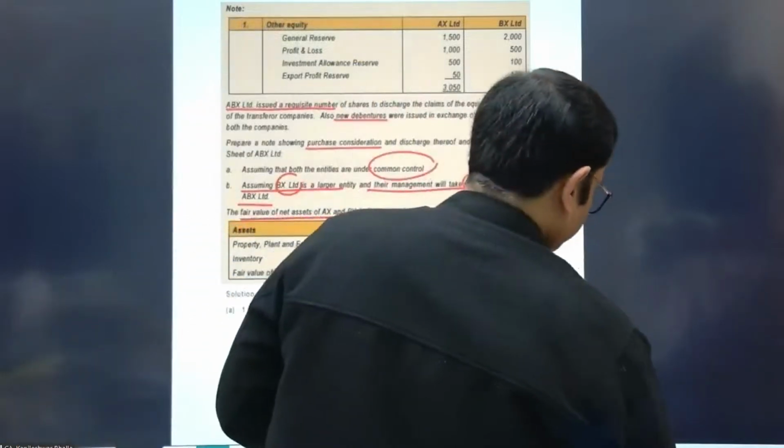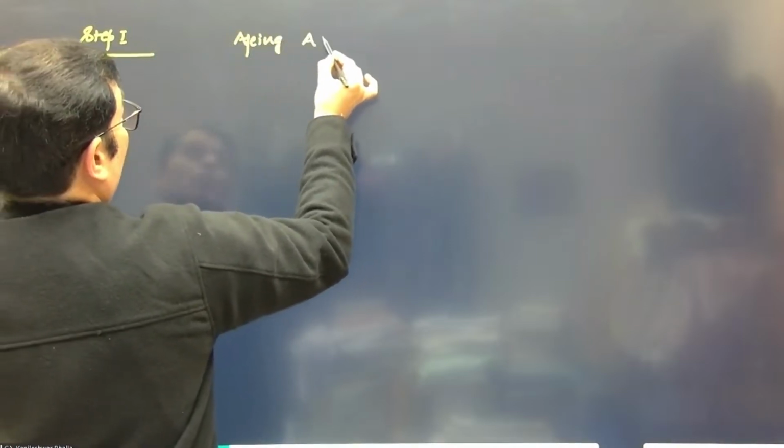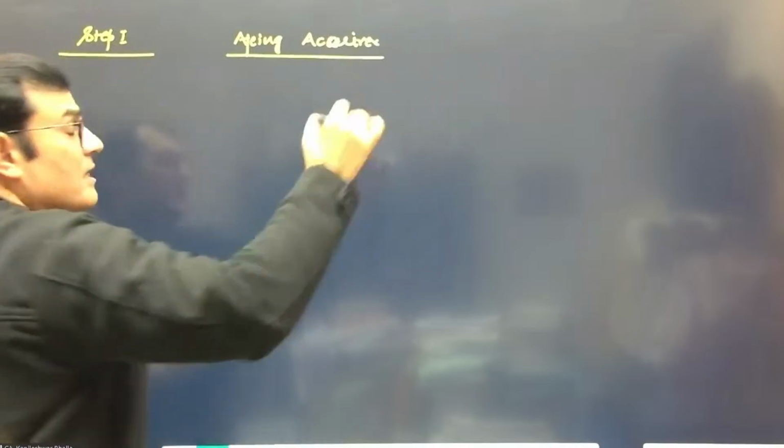So let's do one thing. Let's begin the journey and go step by step. Let's go to step number one, where we are first of all going to identify the accounting acquirer in this particular case. Now, when you look at the accounting acquirer, I do the same calculations.